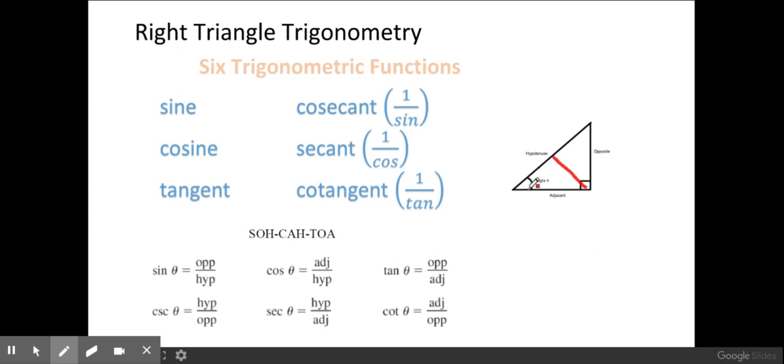If this is my angle theta down here, the opposite side would be the one across, and the adjacent is the one that touches that angle. This is all the same as what you saw in geometry. Now we're just adding in these 3 new functions, called the reciprocal functions because we are flipping sine, cosine, and tangent.